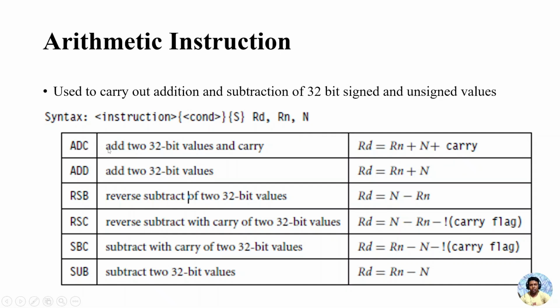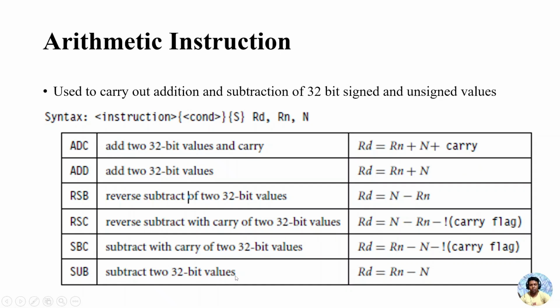ADC: add two 32-bit values and carry. ADD: add two 32-bit values. RSB: reverse subtract of two 32-bit values. RSC: reverse subtract with carry of two 32-bit values. SBC: subtract with carry of two 32-bit values.